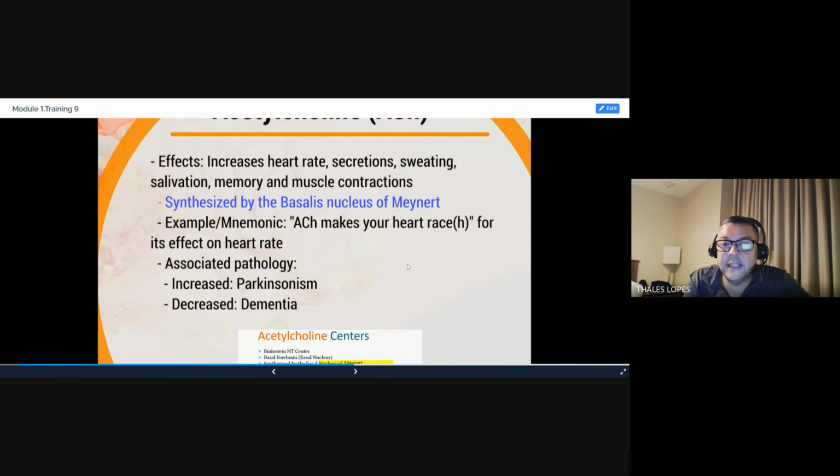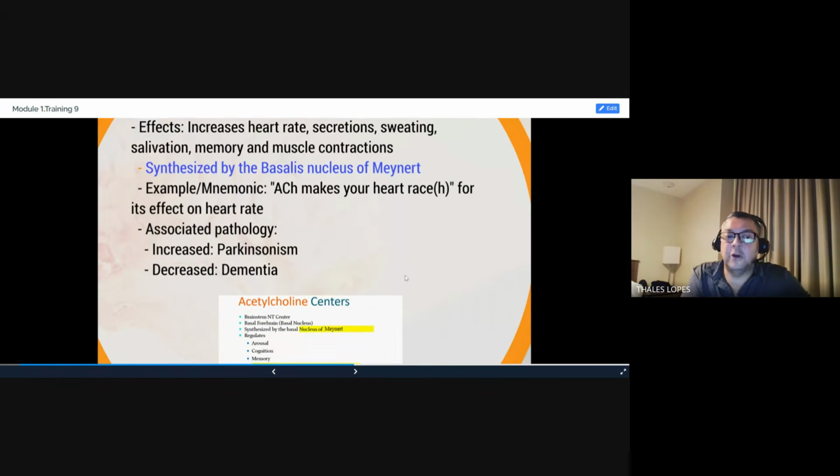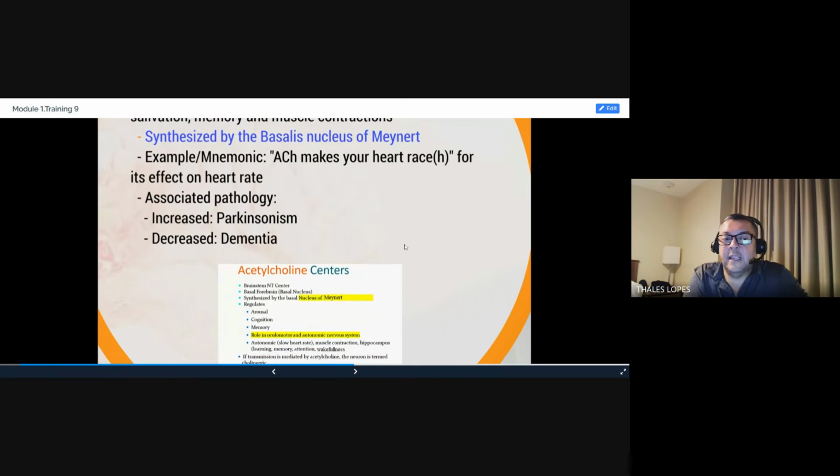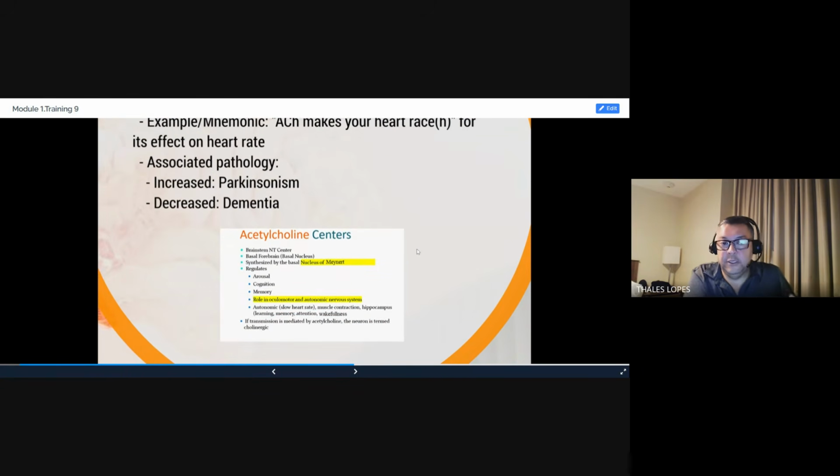Think of ACh makes your heart race for its effect on the heart. Now, think of parkinsonism, the balance between dopamine and acetylcholine. If the acetylcholine is too much, then you have your parkinsonism symptoms. If it's too little, then you have dementia-like symptoms.